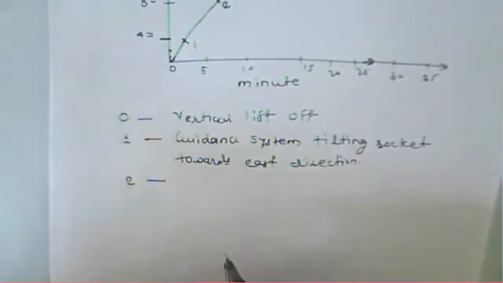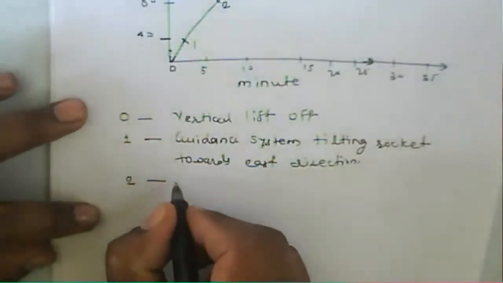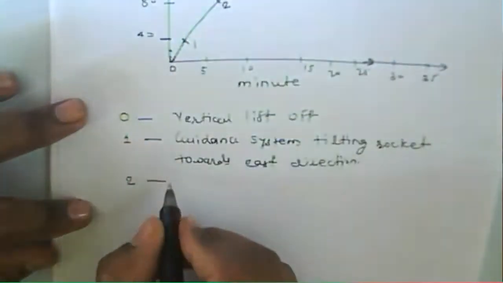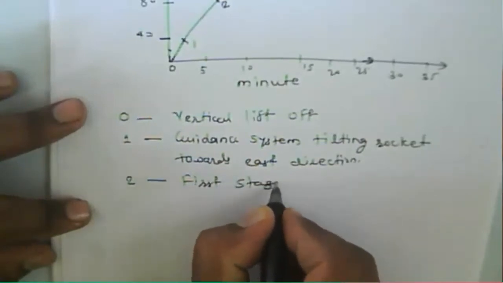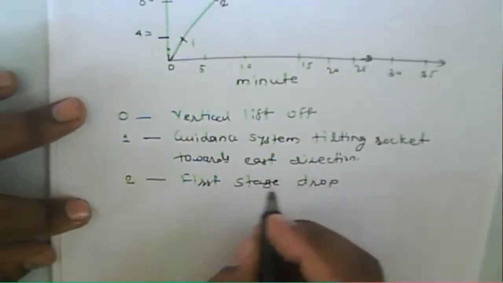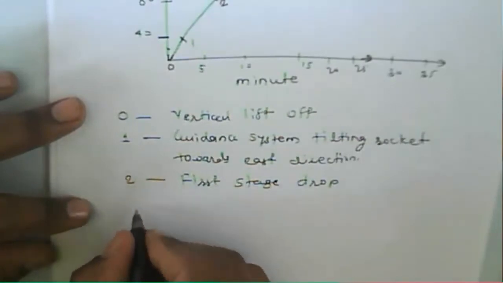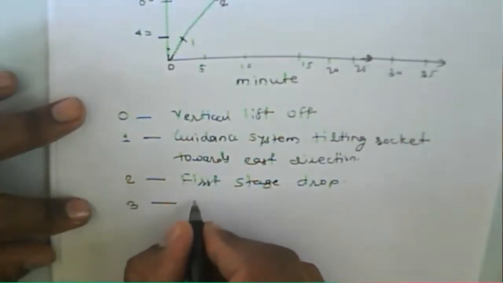And then what happened, the satellite has launched. Okay, whatever the stages we have at the point two, that first stage drop, that will be the dropping of the first stage.